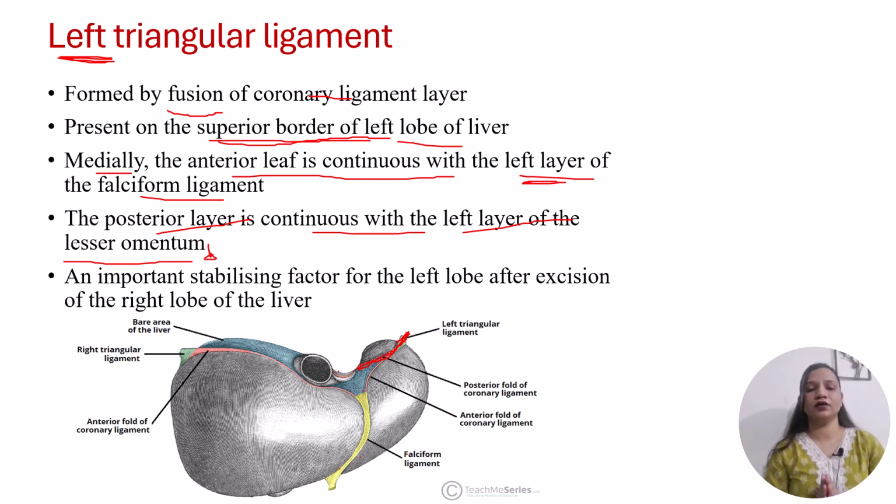The left triangular ligament is also an important stabilizing factor for the left lobe after excision of the right lobe of the liver. So, during hepatectomy, if there is removal of the right lobe of the liver, the left triangular ligament plays a very important role as a stabilizing factor for the proper placement of the left lobe of the liver.